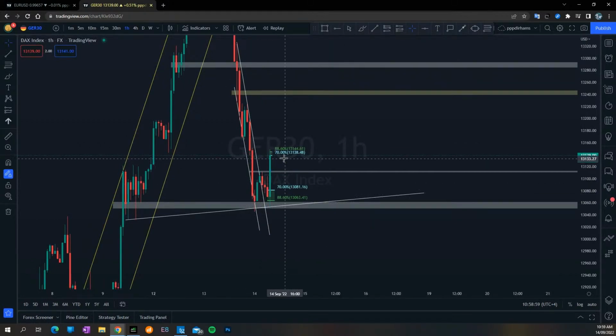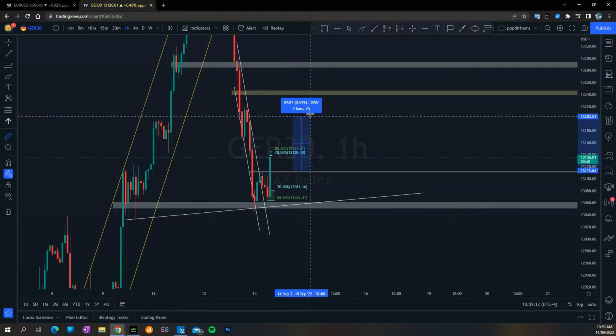So the next 1 hour, we see some sort of drop to maybe the 70% to 88% Fibonacci level, and then back to somewhere between 132.14 and most likely the 132.14 area. Of course, it's possible to go to the 132.40 area as well.